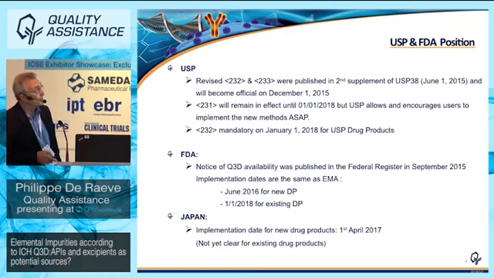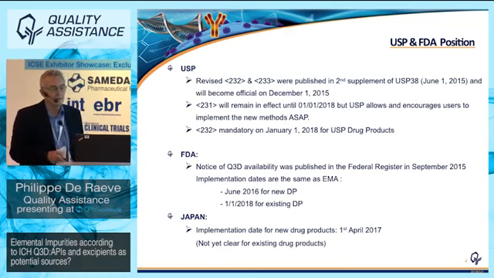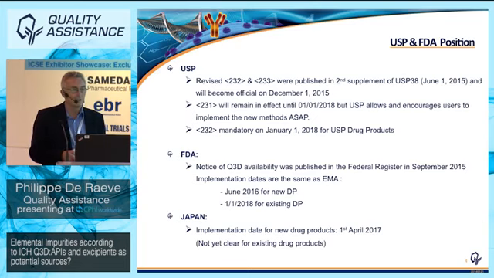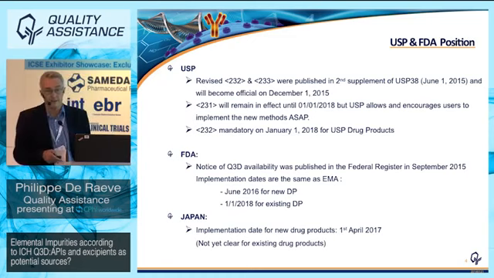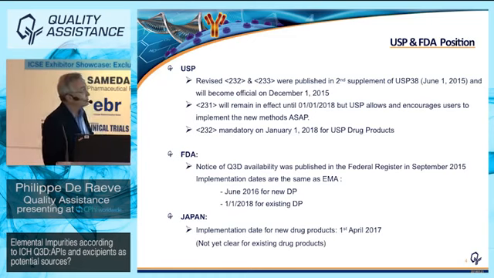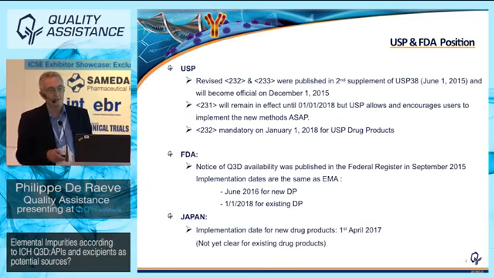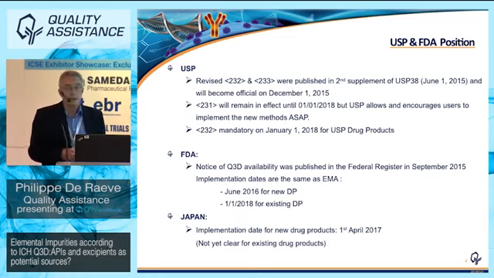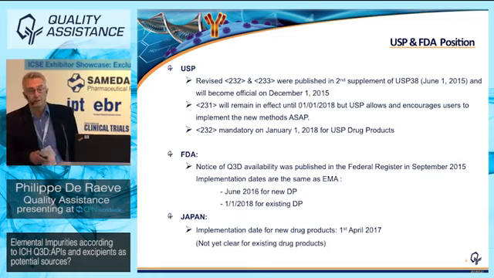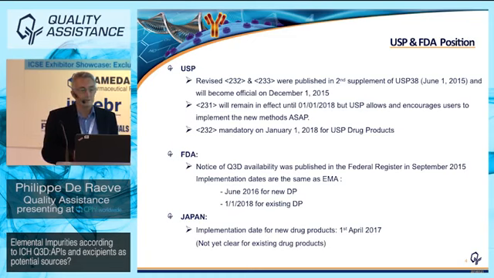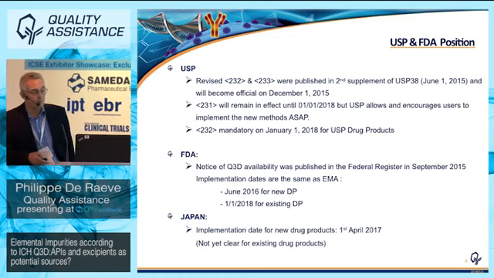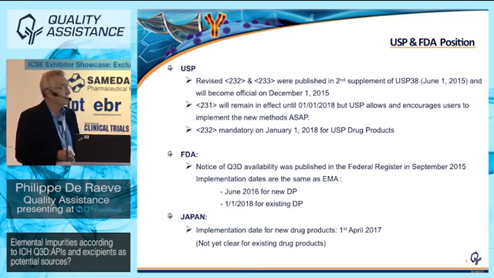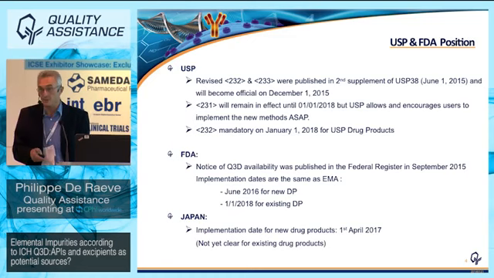USP has already published Chapter 232 and 233 in the second supplement in June this year, and these two chapters will become official in a few weeks. Chapter 231, the heavy metal chapter, will remain in effect till 1st January 2018, but USP already encourages the users to implement the new method as soon as possible. Anyway, 232 will also become mandatory on 1st January 2018 for all USP drug products.